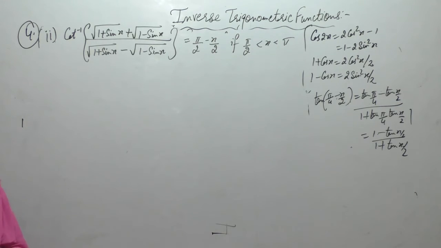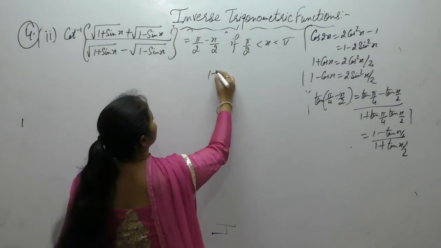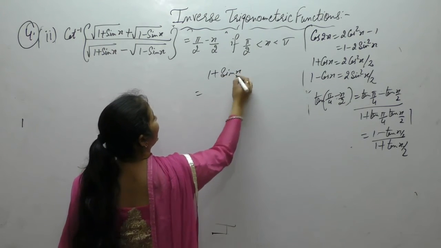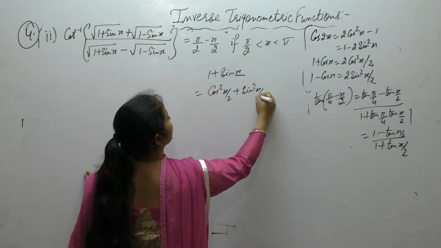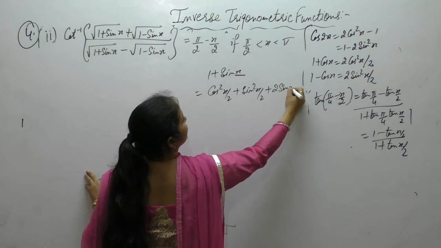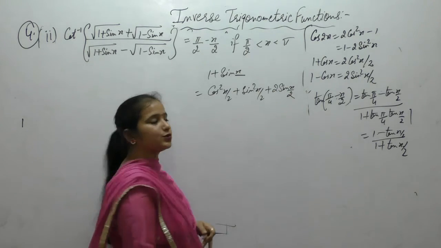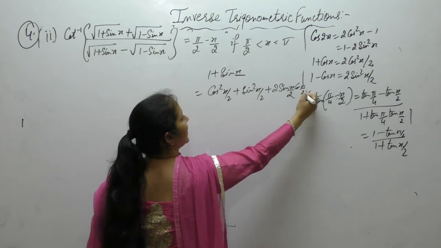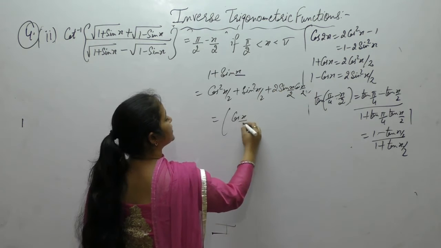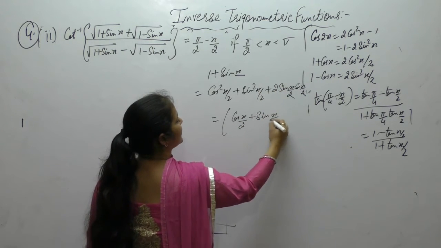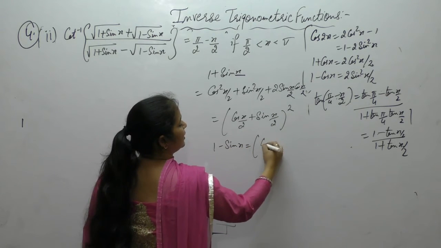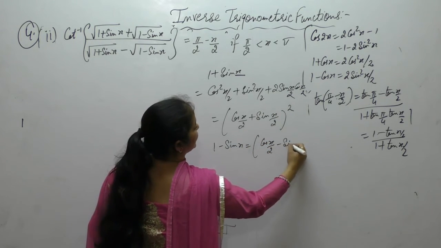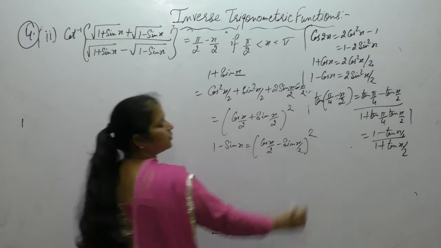Now 1 plus sin x. Instead of 1 we can write cos square plus sin square, angle is half here, so cos square x by 2 plus sin square x by 2. Using the formula of sin 2x, 2 sin x cos x, angle is half, so it is cos x by 2 plus sin x by 2 whole square. Similarly, for 1 minus sin x, cos x by 2 minus sin x by 2 whole square.